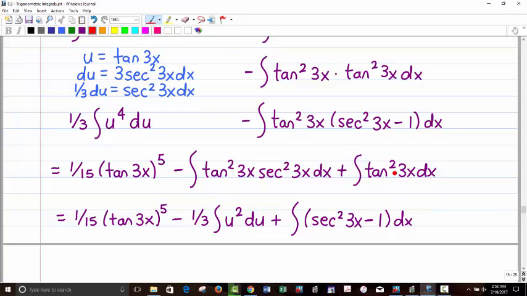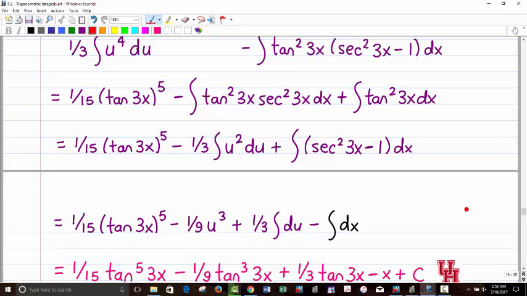And then this last tan squared, you just use this identity again. Because sec squared has a natural antiderivative, it's tangent. So once you get it down to sec squared, then you're done. So you split them up again, and just rewrite this tan squared as sec squared minus 1. So we basically have this term carried all the way down.